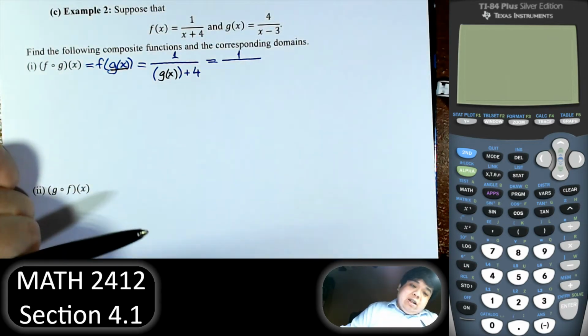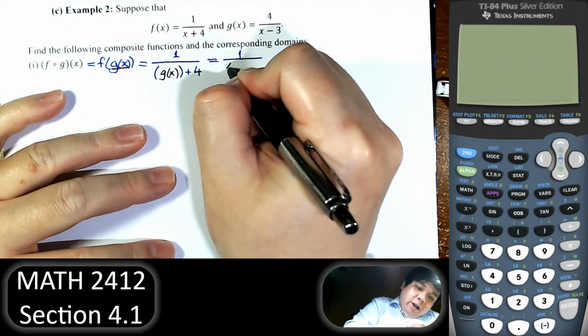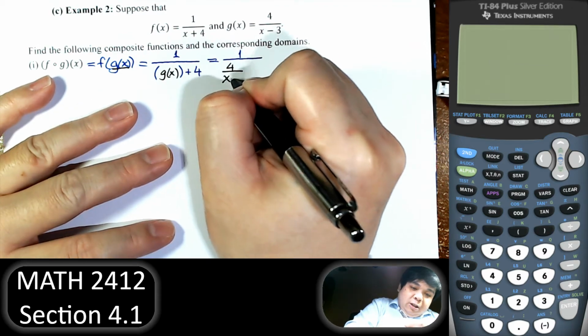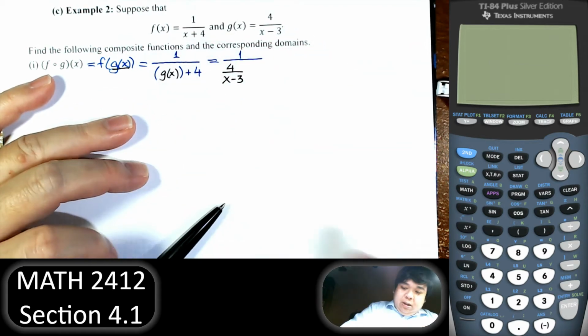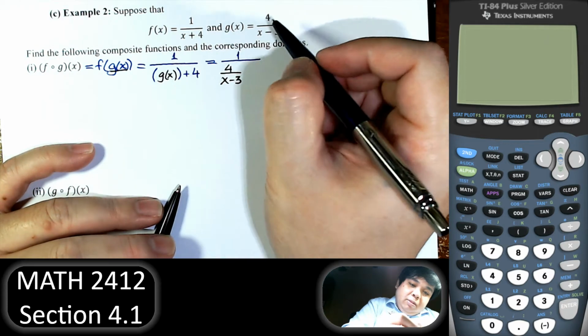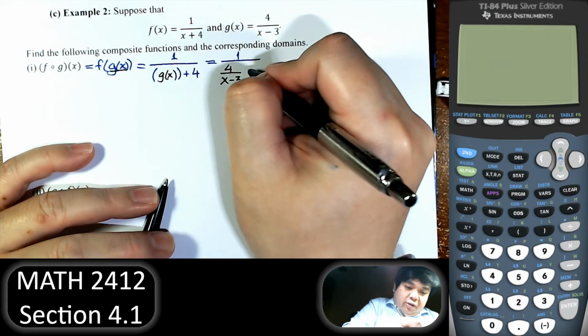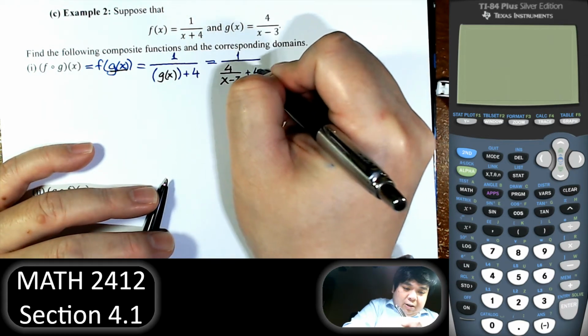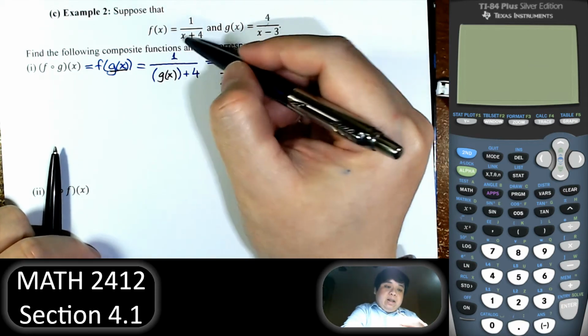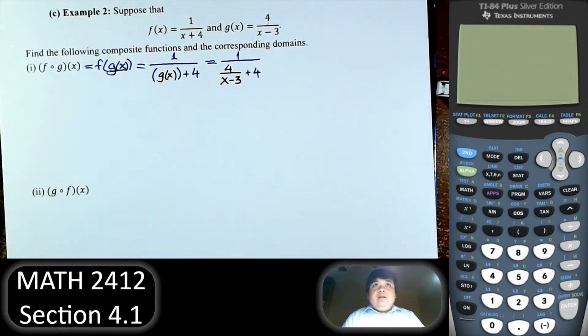And here g of x is going to be 4 over x minus 3, and then plus 4. Yeah, put g of x into x of f of x.